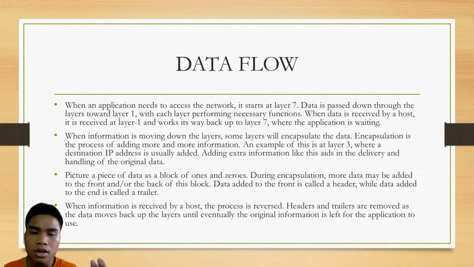During encapsulation, more data may be added to the front or back of this block. Data added to the front is called a header, while data added to the end is called a trailer. When information is received by a host, the process is reversed. Headers and trailers are removed and the data moves back up the layers until eventually the original information is left for the application to use.